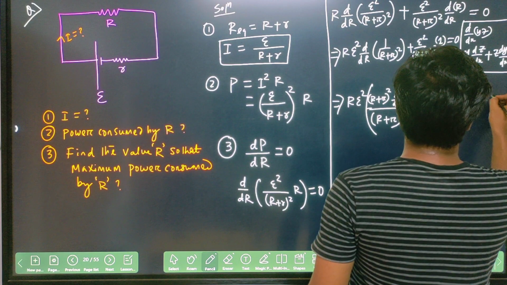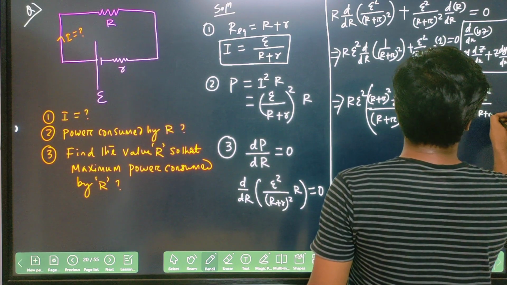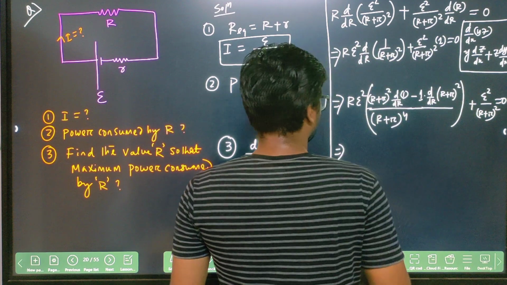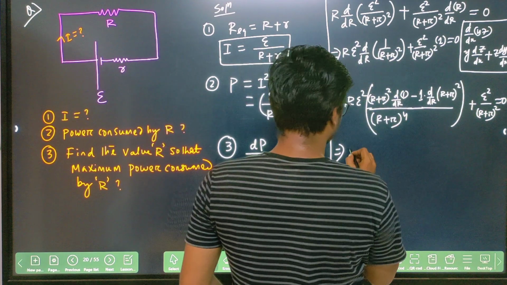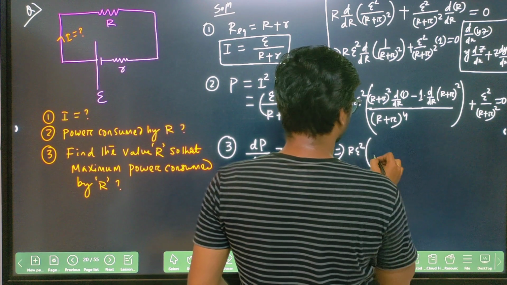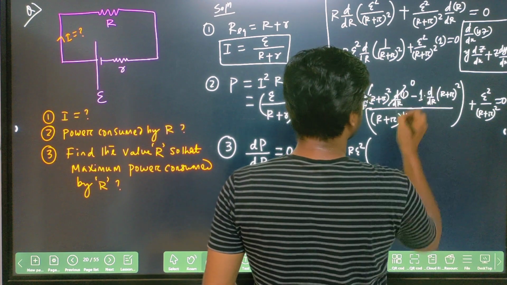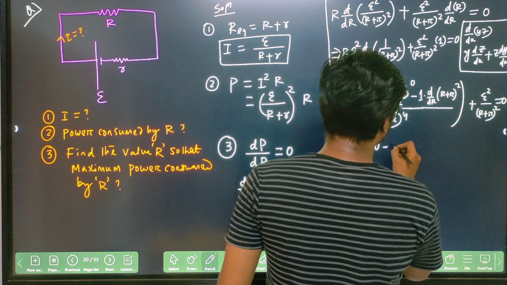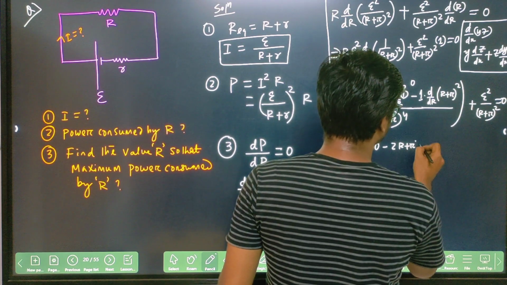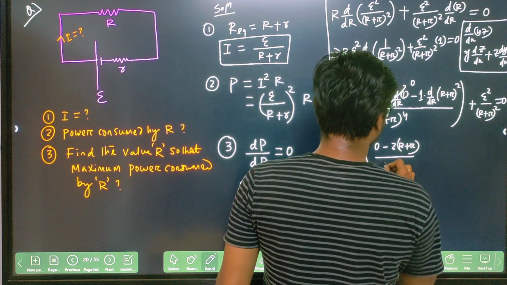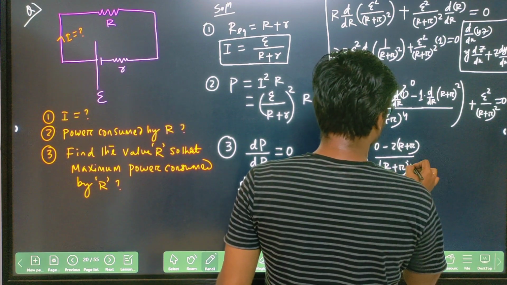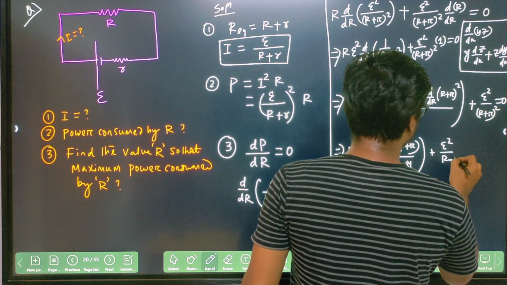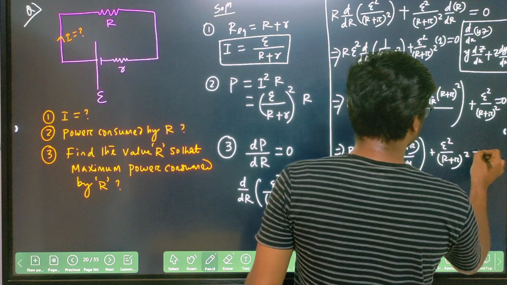Plus E squared divided by R plus r whole squared is equal to 0. Right? So this term will be 0 basically. So this will be R E squared, this one is 0, minus 2 times R plus r, divided by R plus r whole 4, plus E squared divided by R plus r whole squared is equal to 0.